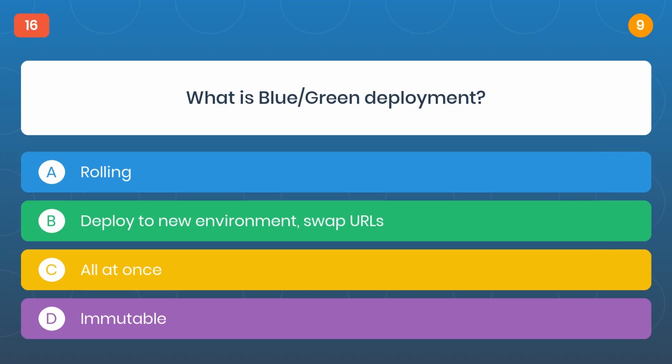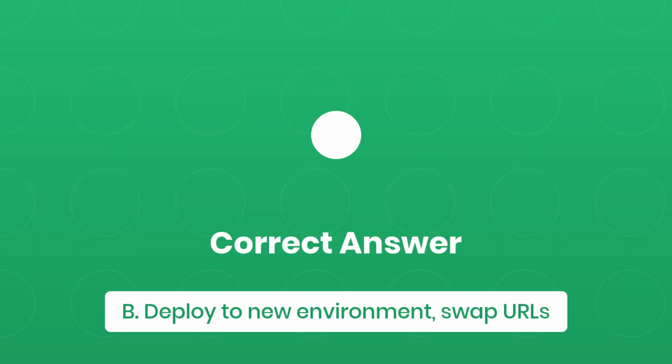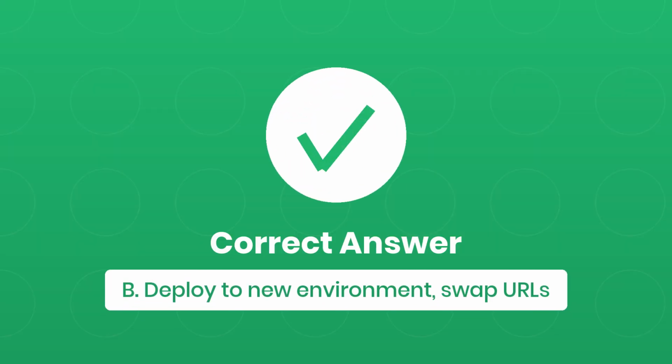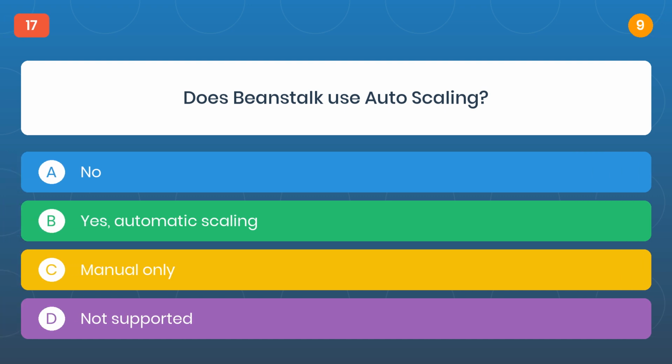Question 16. What is blue/green deployment? The correct answer is B, deploy to new environment, swap URLs. Question 17. Does Beanstalk use auto-scaling?